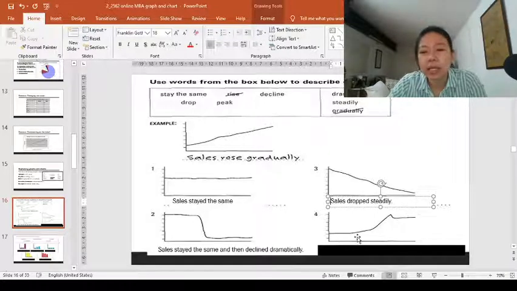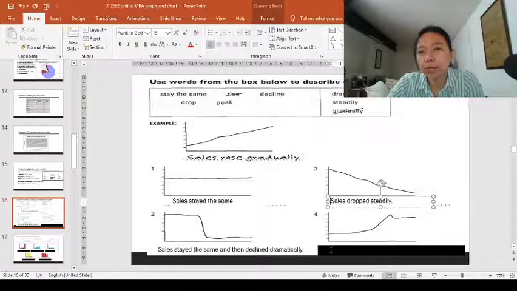At the beginning, you can see that sales stayed relatively the same. And then they rose steadily until they peaked, until they reached the highest point before dropping a little bit.